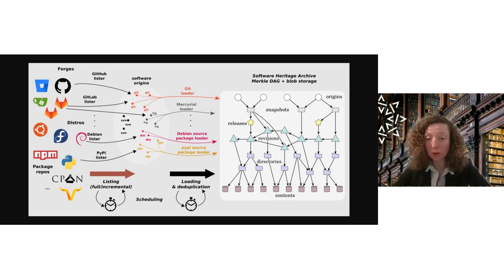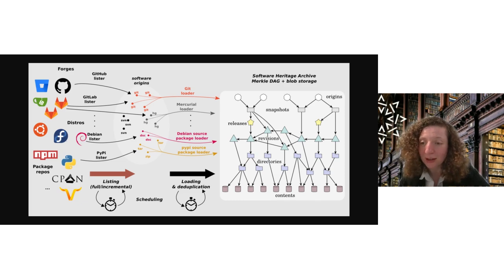But we need a different loader for each type of location that we are crawling and getting software from, because a Git loader is different from a Mercurial loader, from a Debian source package loader, and all of that comes to just one gigantic Merkle DAG, which is the graph linking origins at the top into snapshots.